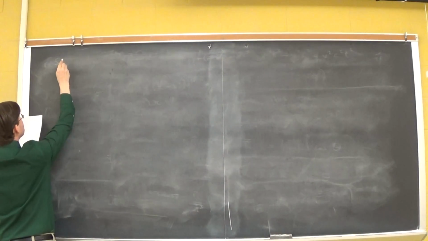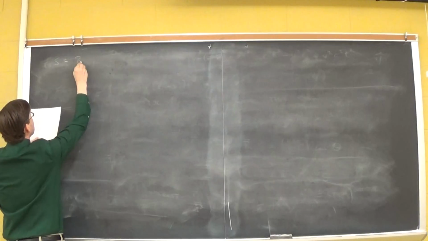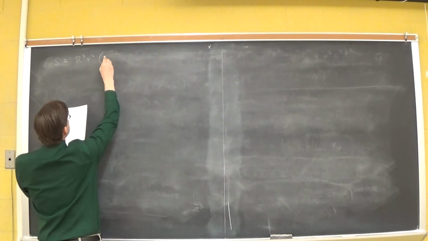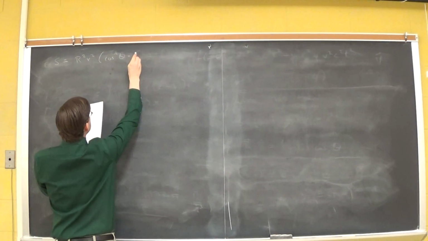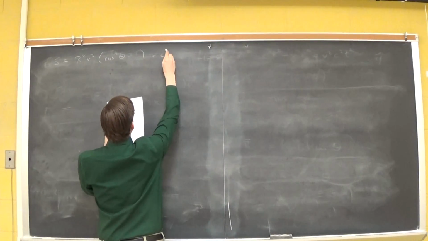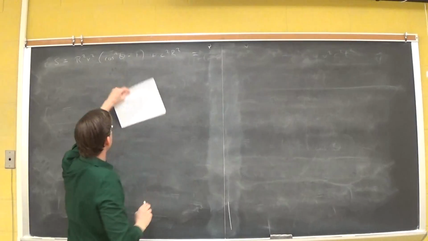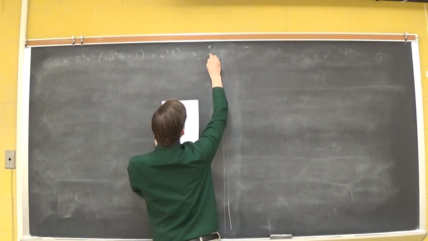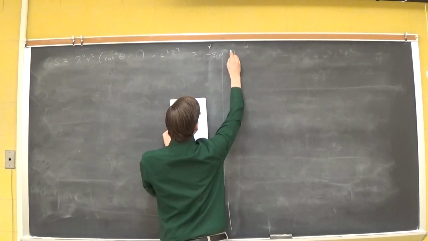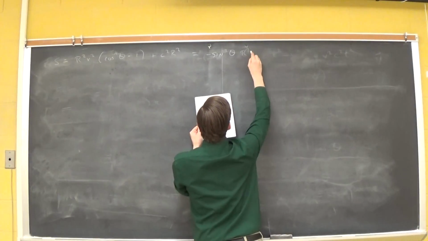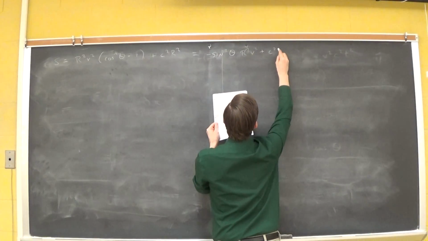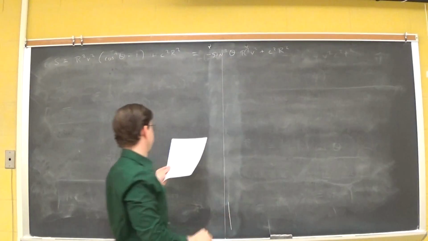So all of our stuff, S, we can write as R squared v squared times (cos squared theta minus 1) plus c squared R squared. Okay, and so this cosine squared theta minus 1 is equal to minus sine squared theta, times R squared v squared plus c squared R squared.